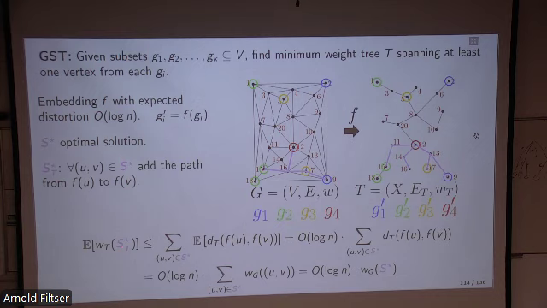However, I ignore that and just use the inequality. The weight of S star T is at most the sum of the weights of the paths I added. Each such path is the distance in the tree between U and V. I know that in expectation, each such distance is increased by at most a log n factor. Right? So I have here log n times the sum.